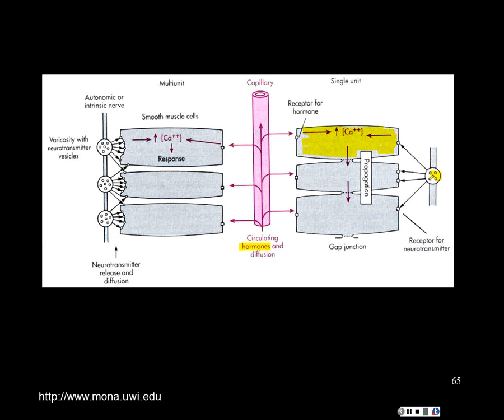What else are you seeing, or maybe not seeing, in multi-unit? No gap junctions. So these cells are all what? Separate units. Describe multi-units: they are structurally and functionally independent. They do their own thing, depending on whatever the external stimuli tell them to do.